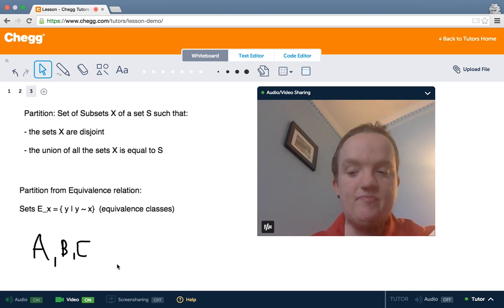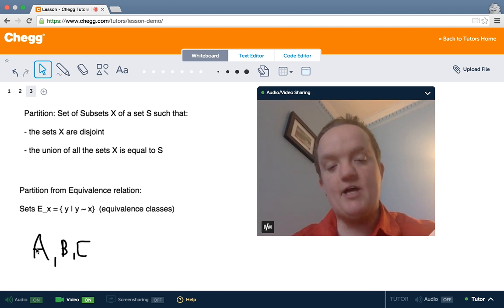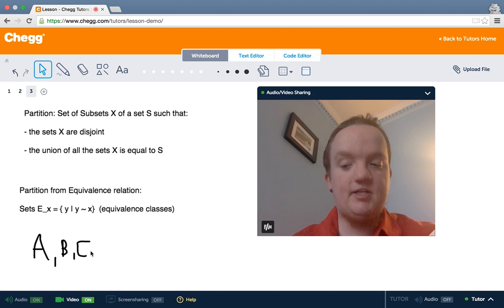Well, if x is equivalent to A, say A is the equivalence class of elements related to A, and x is equivalent to B, then A is equivalent to B, which means that A and B are not distinct elements. So these equivalence classes are also going to be disjoint. They're not going to be overlapping.